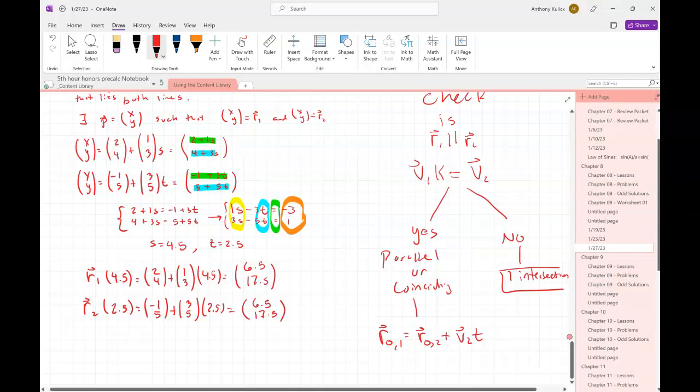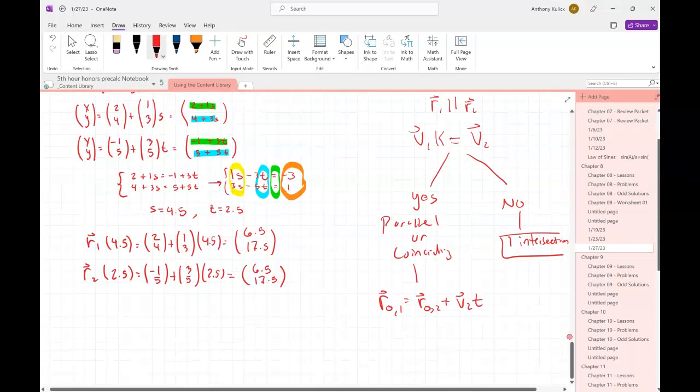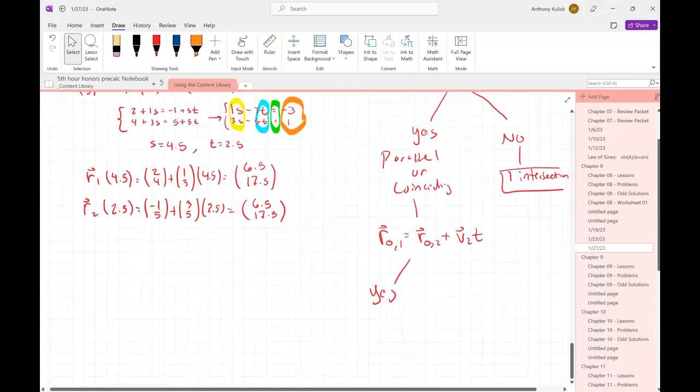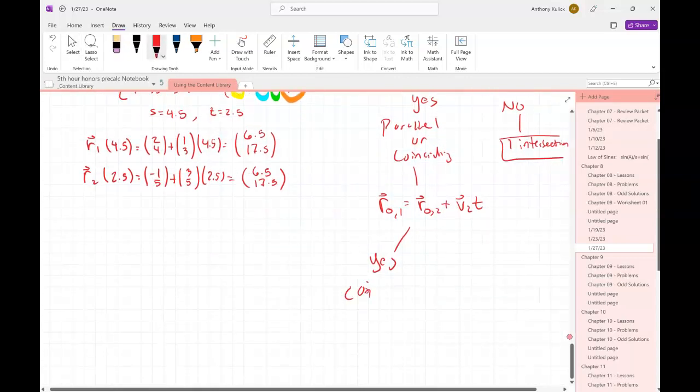That's even easier, right? So the answer here, if it's yes, we are coinciding. And if the answer here is no, then we are parallel.